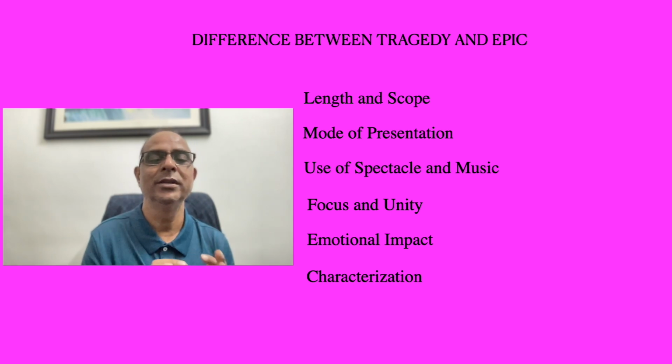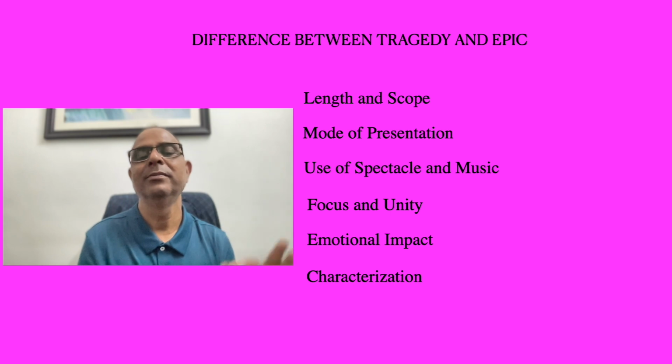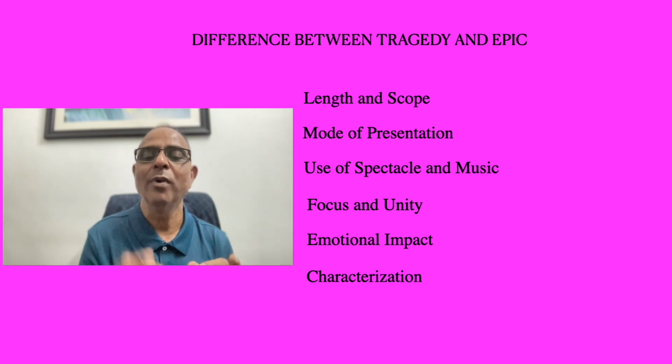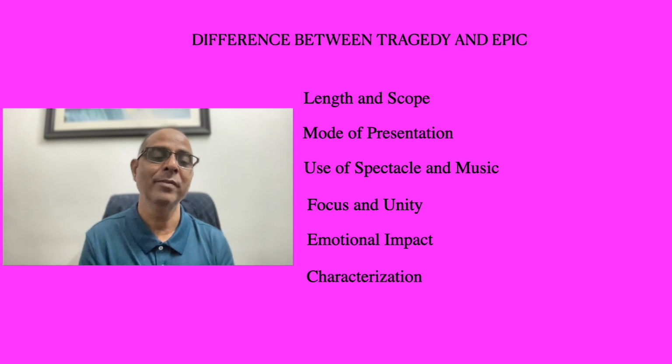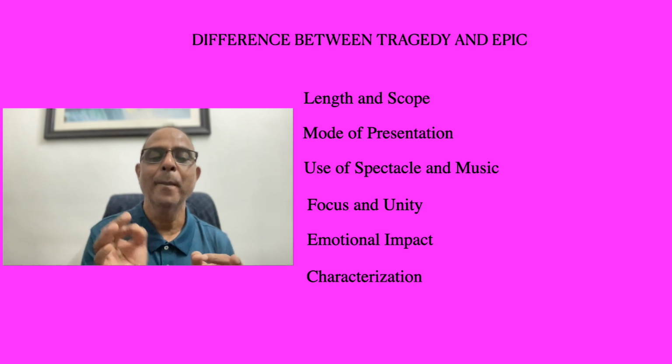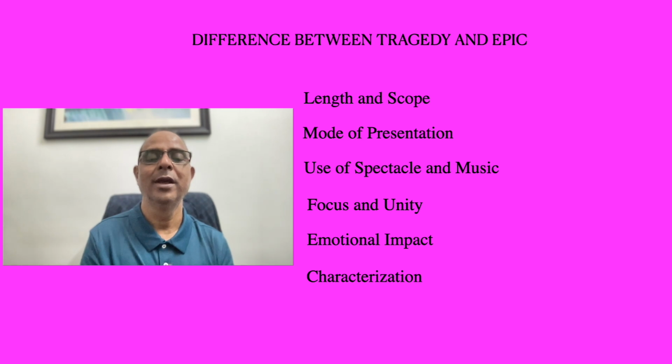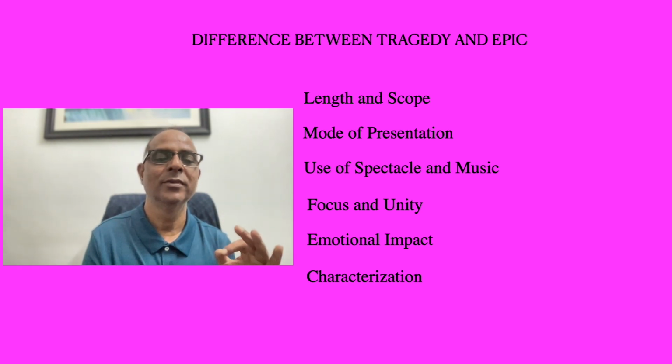In tragedy, heroes are typically more relatable, and in them we find a tragic flaw. Their downfall is often due to a tragic flaw, what we call hamartia, or a mistake, what we say error of judgment, making their stories more personal and emotionally resonant.